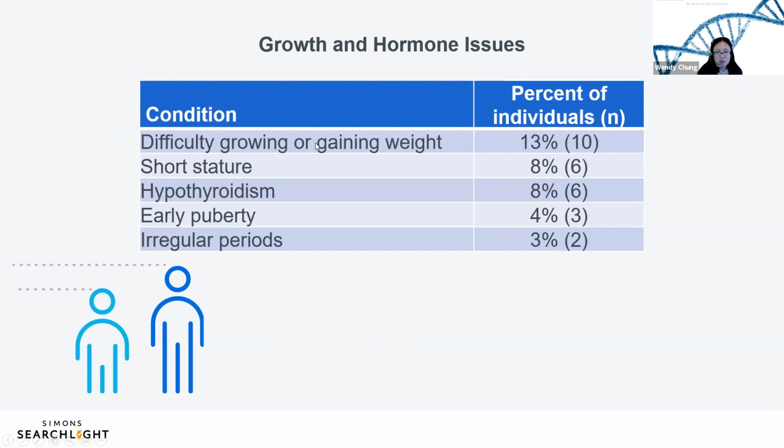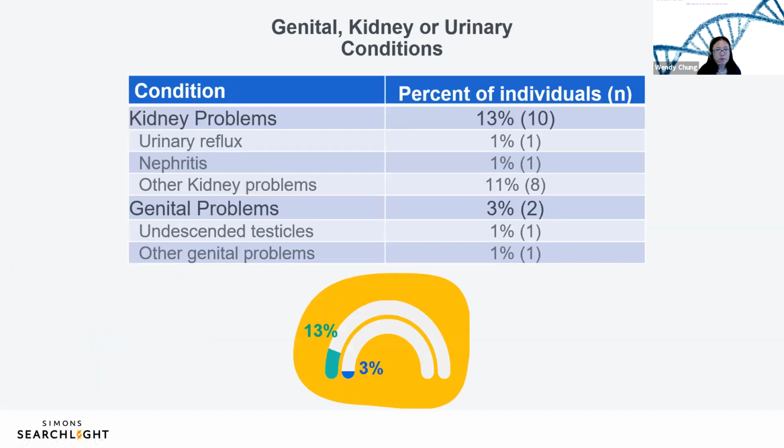We can also see, as I said, that some individuals have had trouble growing, and that is actually what led to the gastrointestinal tubes, or the G tubes. That may be associated also with being on the shorter side, and some relatively minor other hormone issues. But I do want to bring up that hypothyroidism has been seen not frequently, but is a treatable condition. And so just to make sure your doctors are aware of that as well.